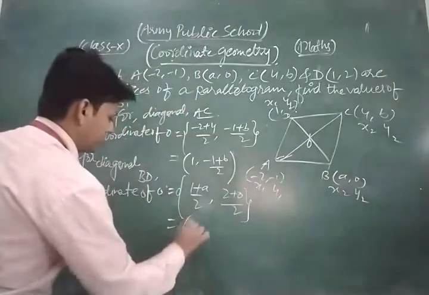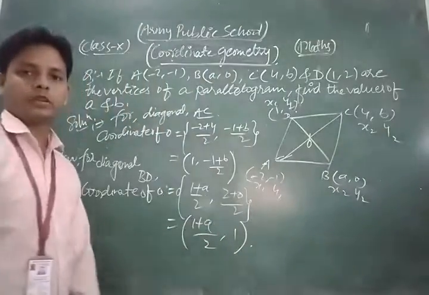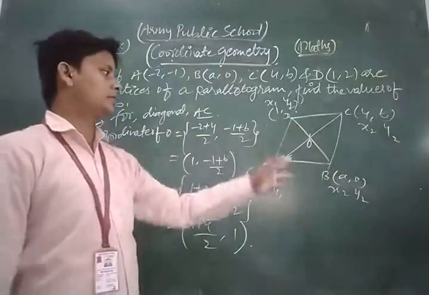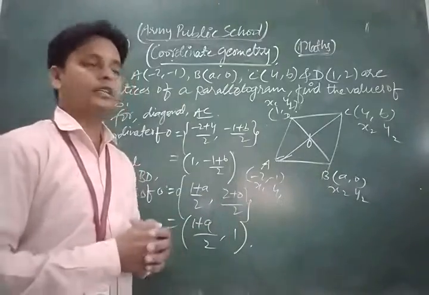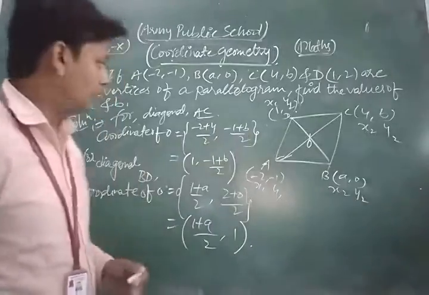So we have this is (1 plus a) upon 2 comma 1. Now dear students, O is the midpoint of AC as well as O is the midpoint of BD. So O coincides.